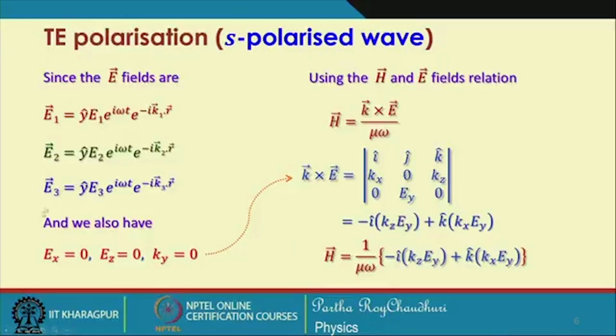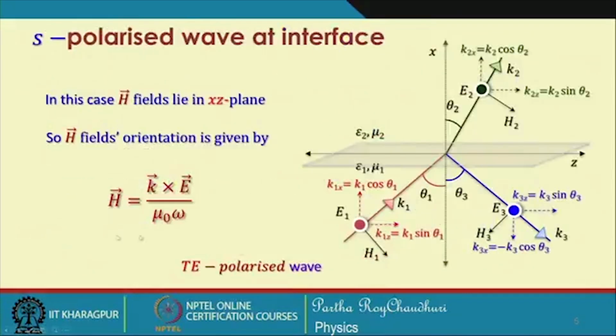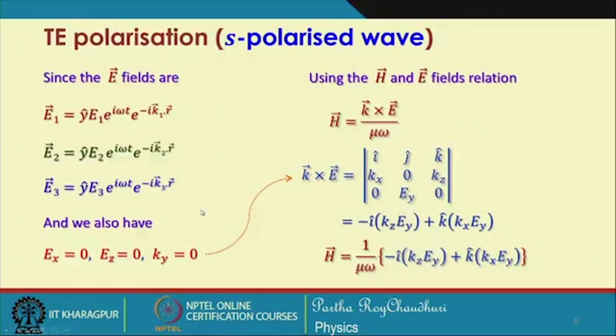Additionally, because E x and E z are 0, we can make out from here there is no x or z component of electric field, it is exclusively in the y direction, but k y, because this k vector is lying in the x z plane, therefore, there is no k y component.